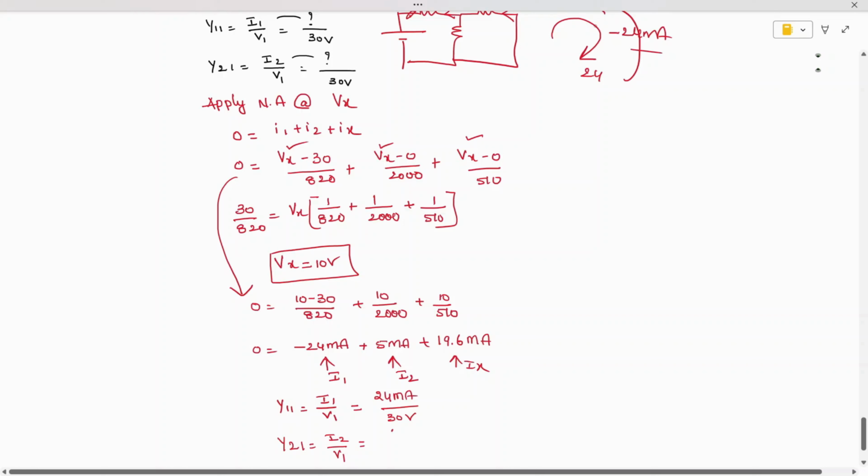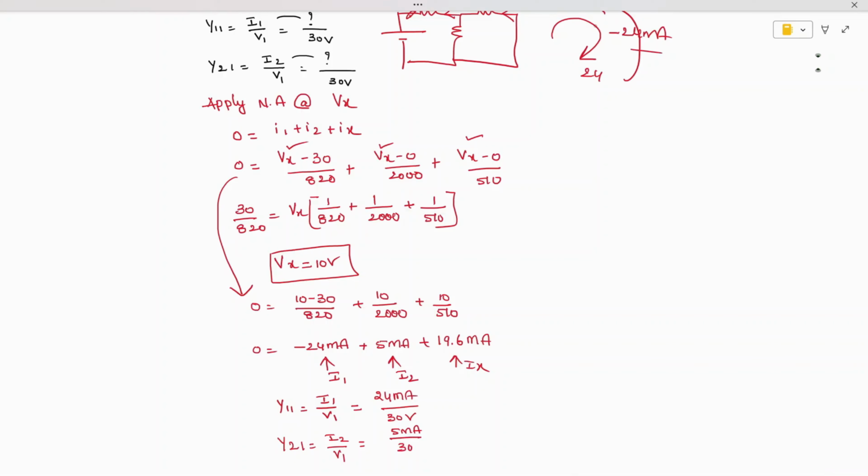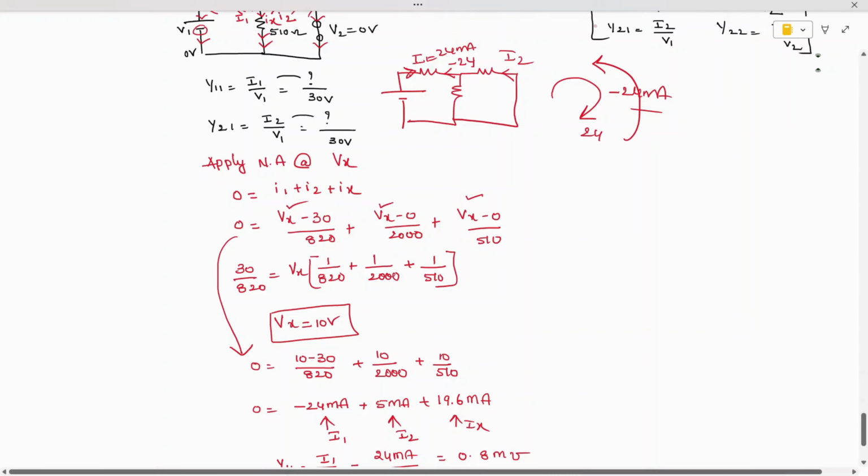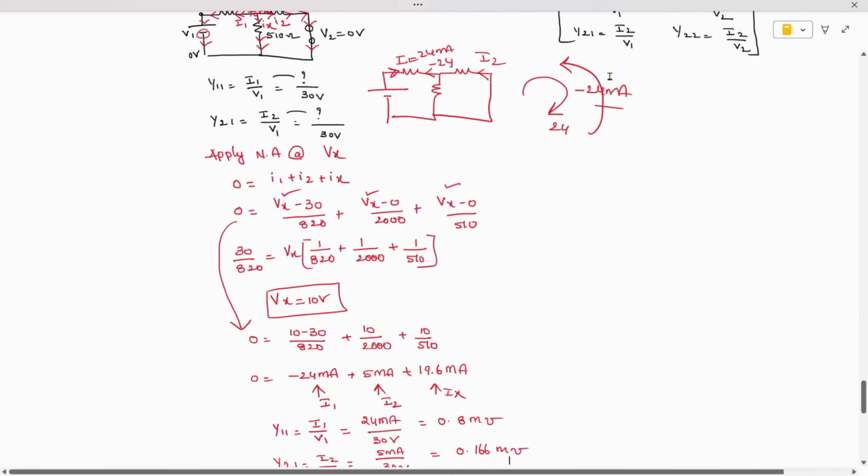The value of I2 is 5 milliamperes divided by 30 volts. Therefore, here you are going to get 0.8 millimhos, and 5 by 30 you are going to get 0.166 millimhos.